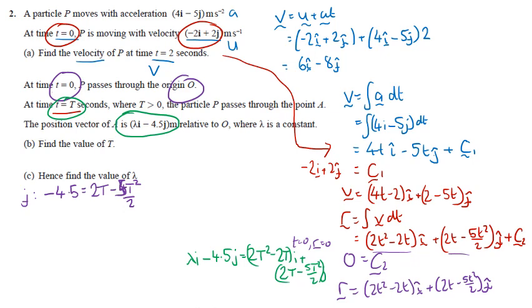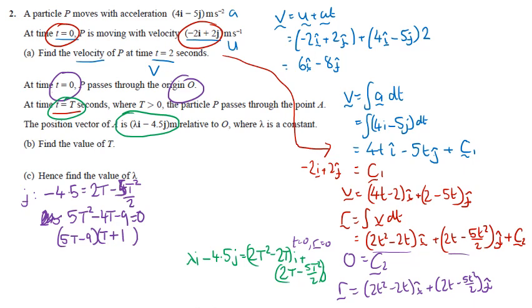So if I rearrange that, so I'll move the 5T squared and the 2T to the other side, and then multiply everything by 2, then I'll get 5T squared minus 4T minus 9 equals 0. And that looks like it factorizes. (5T minus 9)(T plus 1).